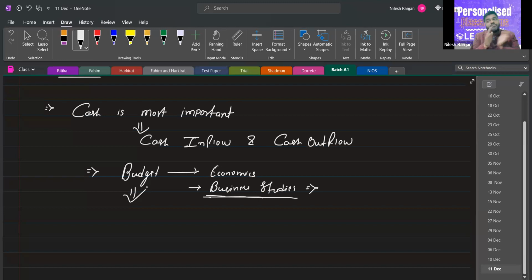There are different types of budget which is prepared by company, like sales budget, purchase budget, expenses, cash budget, master budget. This is a chapter planning in business studies.